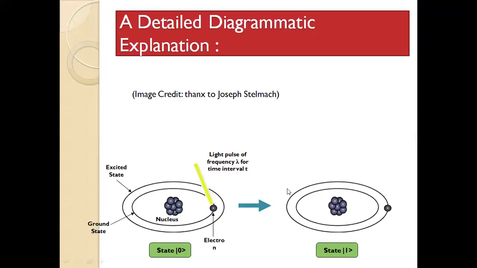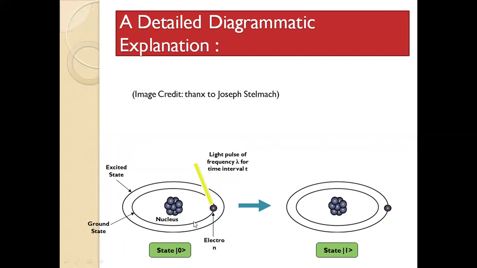Now, a detailed diagrammatic explanation. Image credits thanks to Joseph Stelmach. You see here, this is state 0. This is state 1. When we talk about the nucleus and different states, there is an excited state, a ground state, and an electron. Light pulse of frequency lambda for a time interval t.